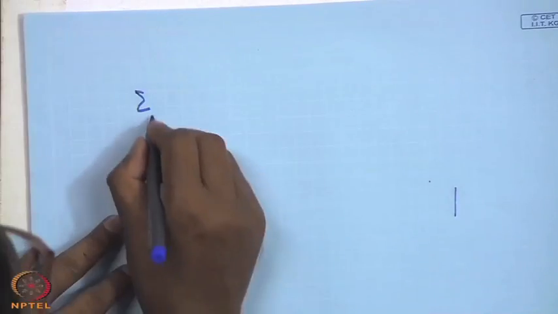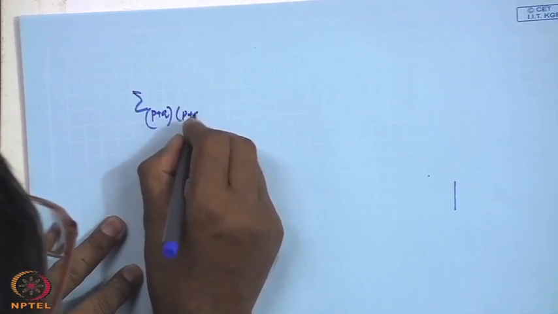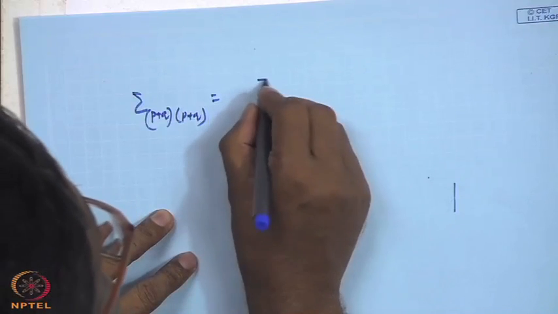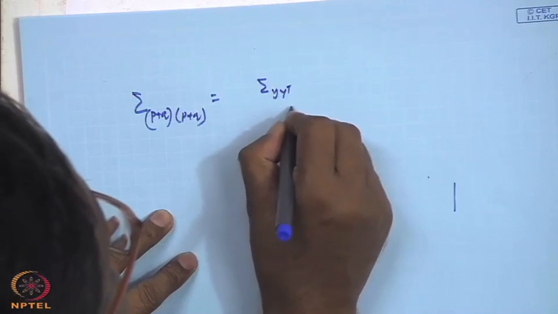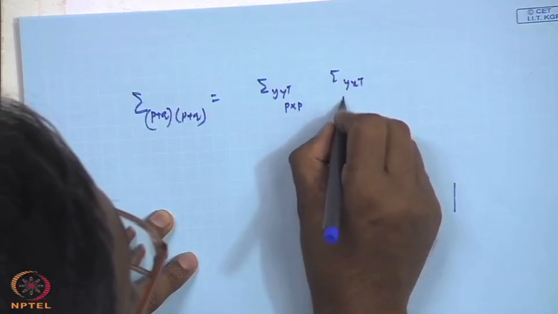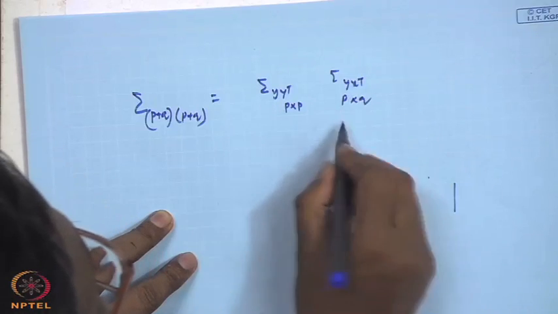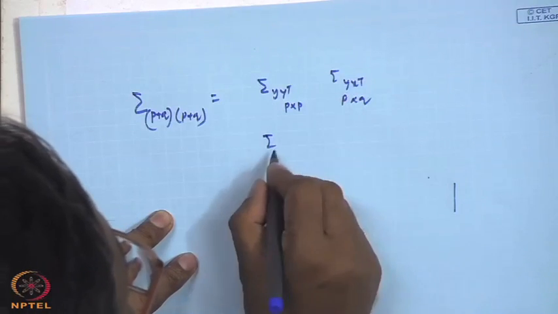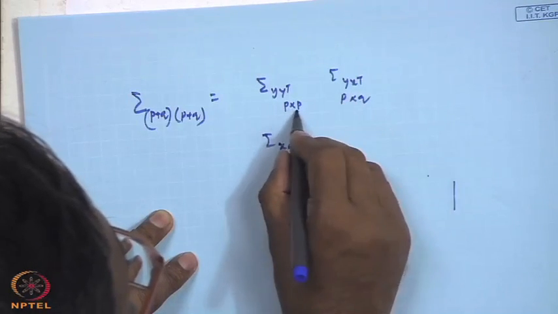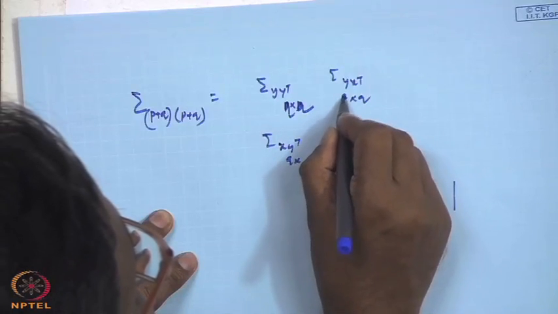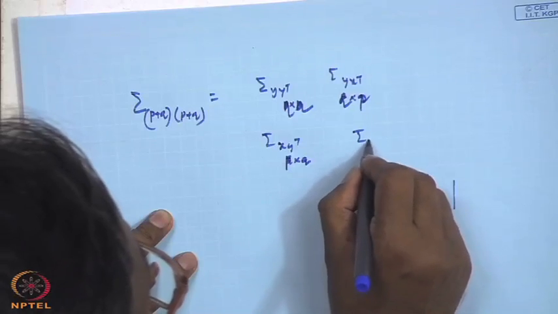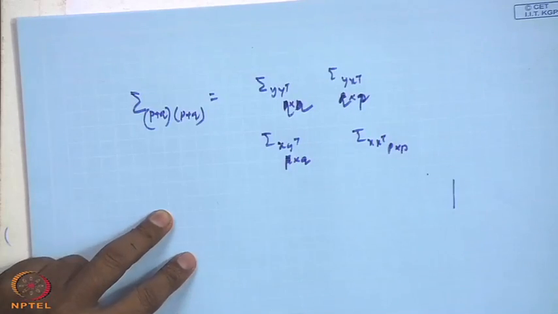So, our matrix is p plus q by p plus q, and this is partitioned: first sigma y y transpose, that is q cross q, then sigma y x transpose, which is q cross p, then sigma x y transpose, p cross q, and sigma x x transpose, p cross p.